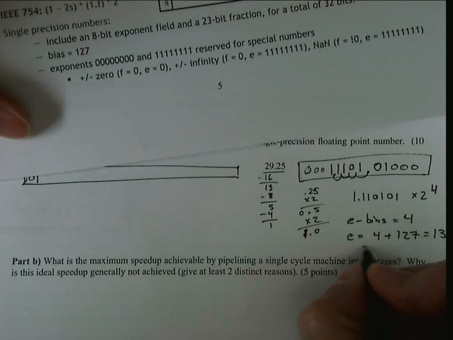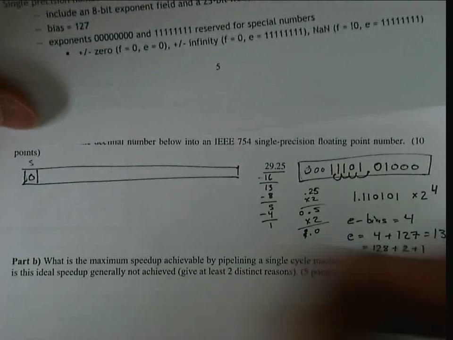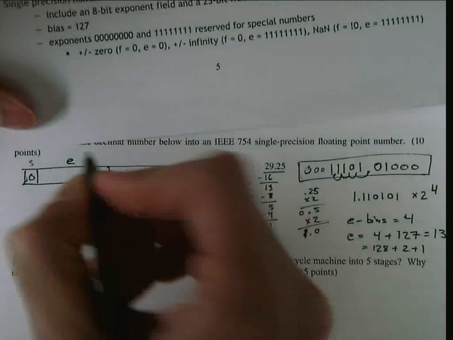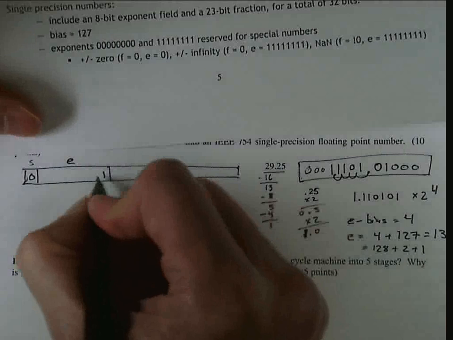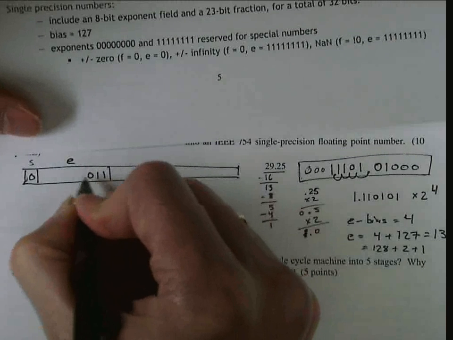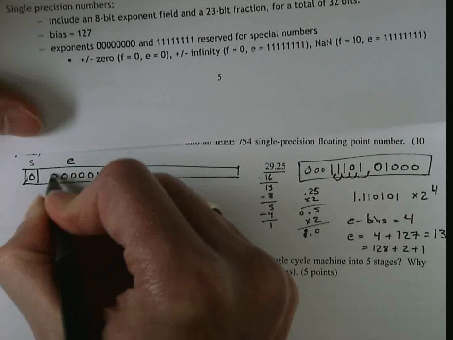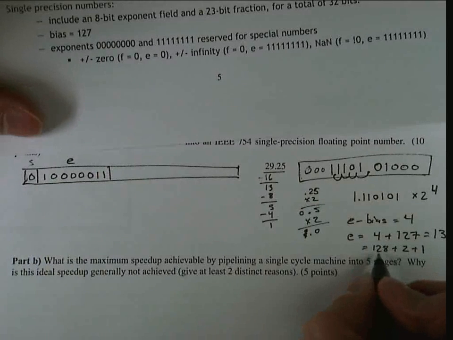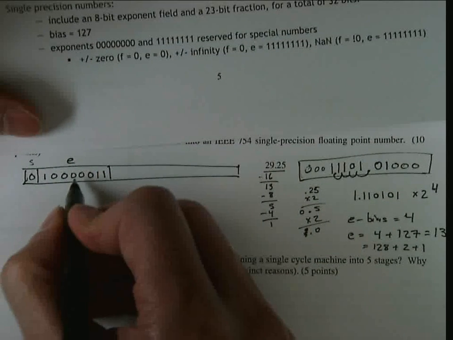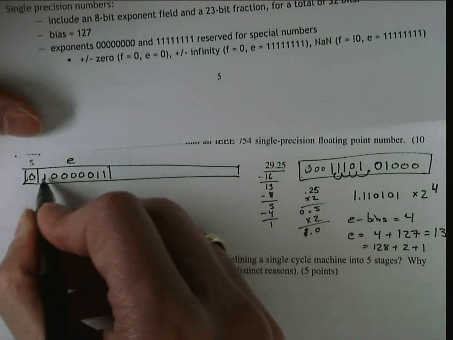And that's the same as 128 plus 2 plus 1. And so for my E field, which is 8 bits long, I'm going to have the 1-bit set, the 2-bit set, but not the 4, not the 8, not the 16, not the 32, not the 64, but the 128 bit set according to that. And so that's my 8 bits, 1, 2, 3, 4, 5, 6, 7, 8.